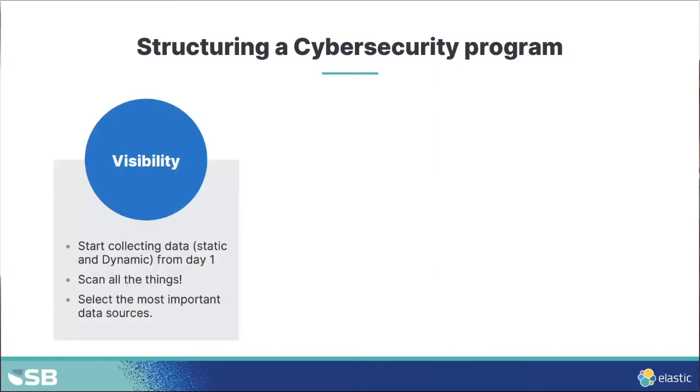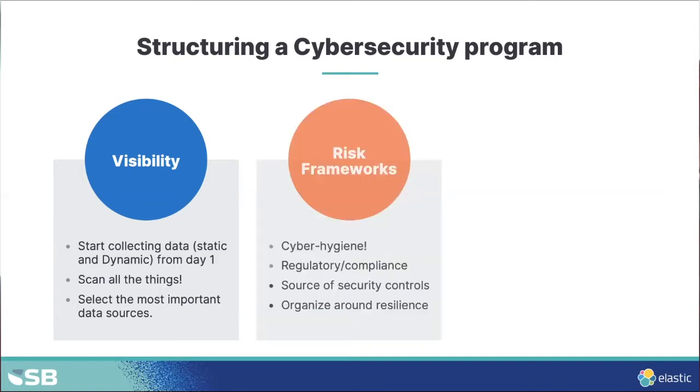No matter which one you are, you should structure your cybersecurity program around three pillars. First, visibility, where you select the most important data sources and collect data from day one, just from the beginning. Grab all existing documentation, scan all networks continuously to maintain a dynamic inventory of endpoints and services. It's very important. Second pillar is the risk framework.